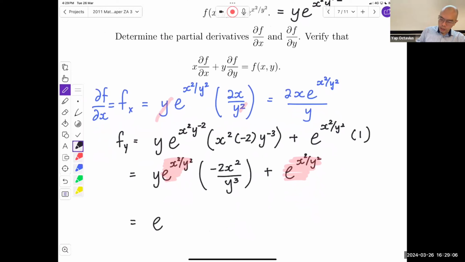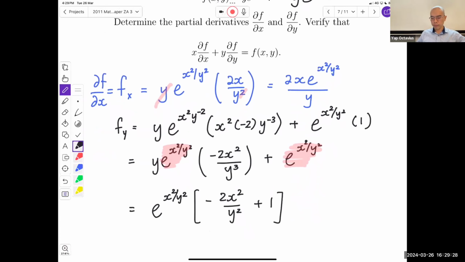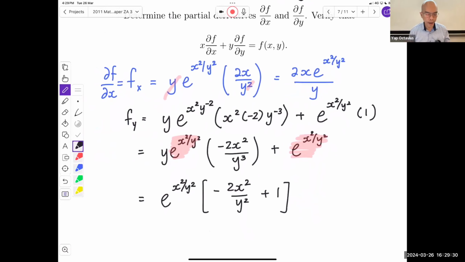So e to the power, and the y cancels off. So we get negative 2x squared over y squared, then plus 1. Okay, we are ready now. We have this term, we have this term. So now we need to calculate this value.